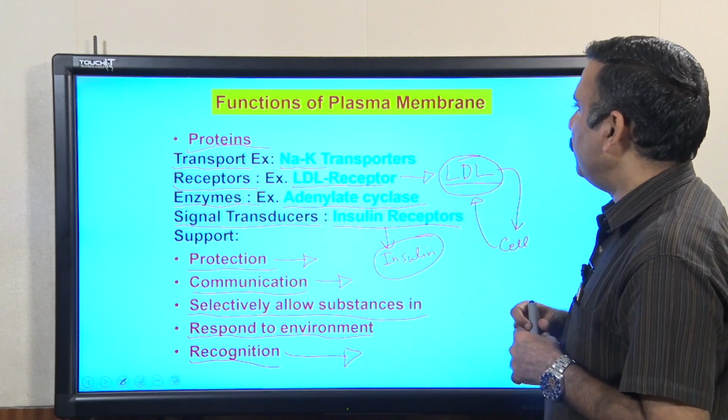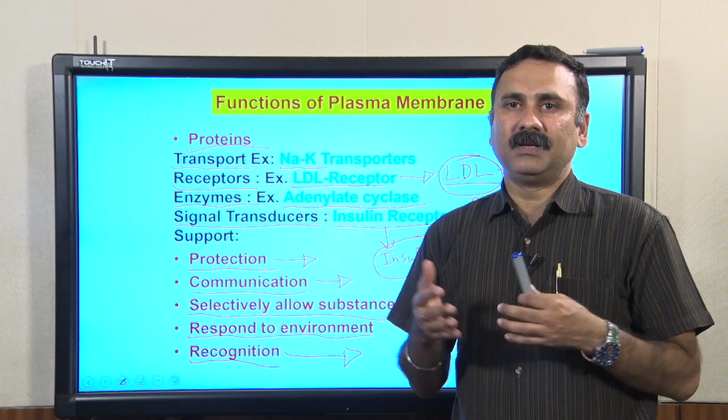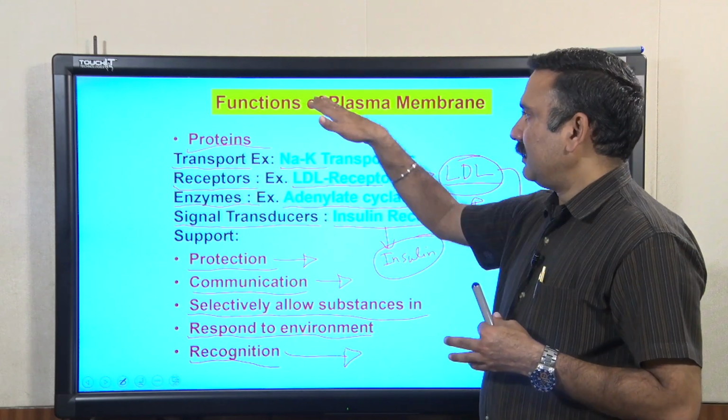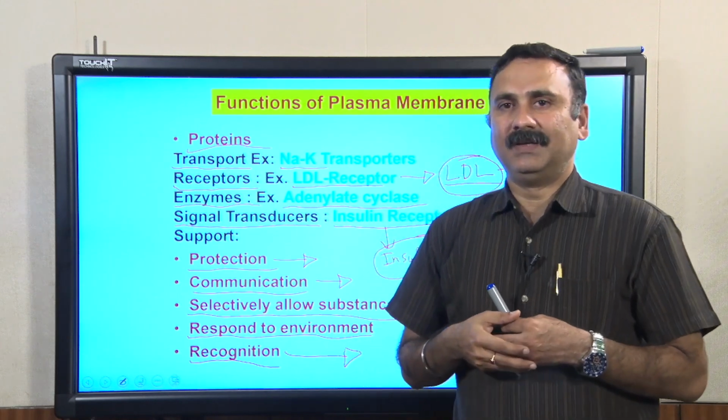So, that is why the plasma membrane, which is making the boundary of a cell, is playing a very crucial role in maintaining the cellular integrity, as well as doing different types of functions in the cell.